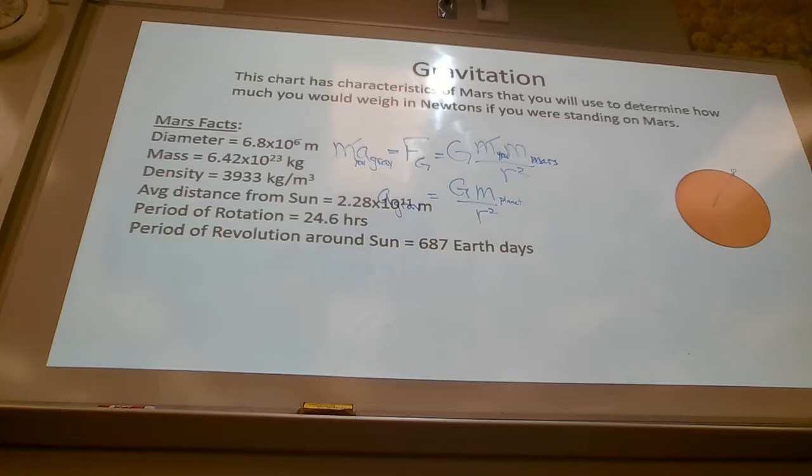What did you find for the acceleration of gravity of Mars? 3.7. Does that correspond to movies that you've seen on Mars? Okay. Questions there?